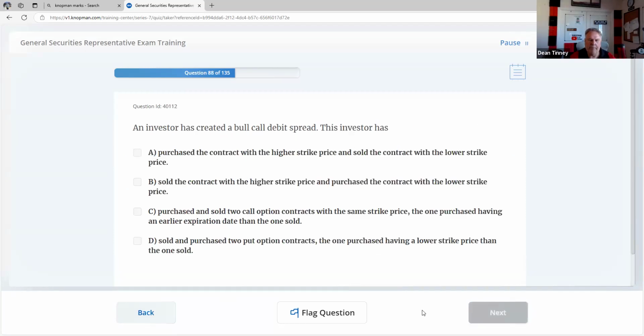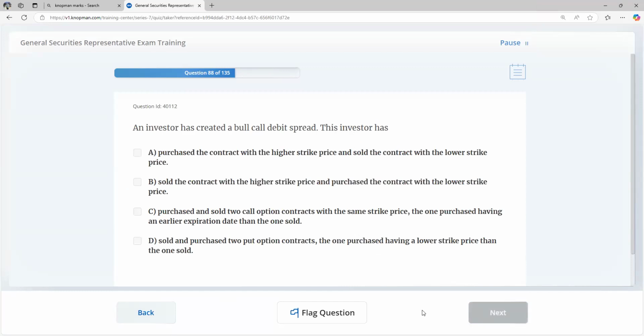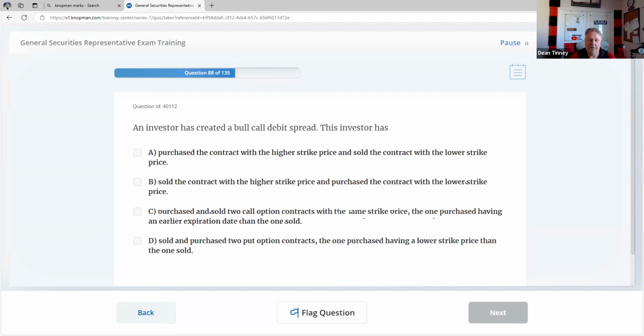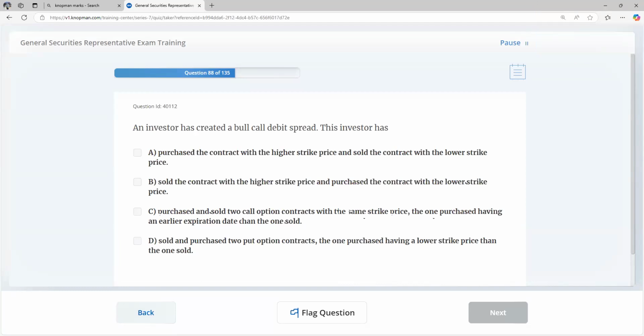An investor has created a bull call debit spread. The investor has... A bull call debit. That's right. So to create the debit and to be bullish, purchase the contract with the higher strike.